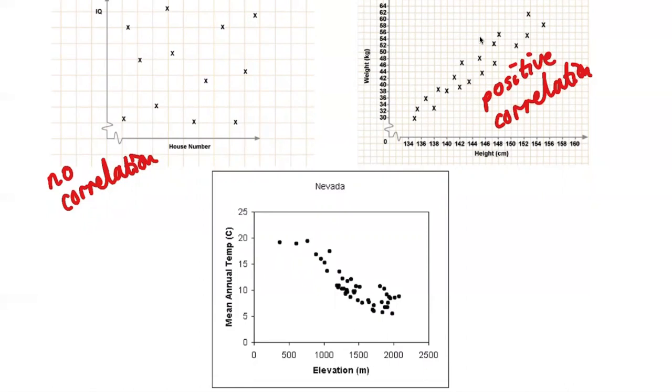So we can say that as the temperature goes up, the elevation goes down. So that's how high up you are. We're doing very rough lines of best fit again. In the second section, we'll do a bit more accurate stuff. You can see a correlation here, and that is a negative correlation. One thing is going down while the other thing is going up.